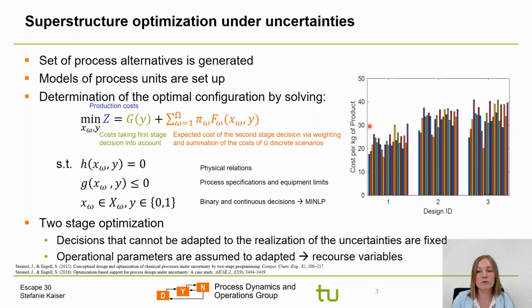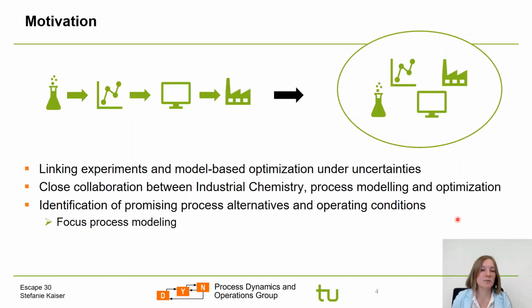So one has to further refine the model at the optimal operating point to be able to identify the best design. So the idea in this work is to use the superstructure optimization under uncertainties and directly link it to the experimental works, so that we come from this sequential approach to an integrated approach, where we have a fast feedback from the superstructure optimization to the experiments.